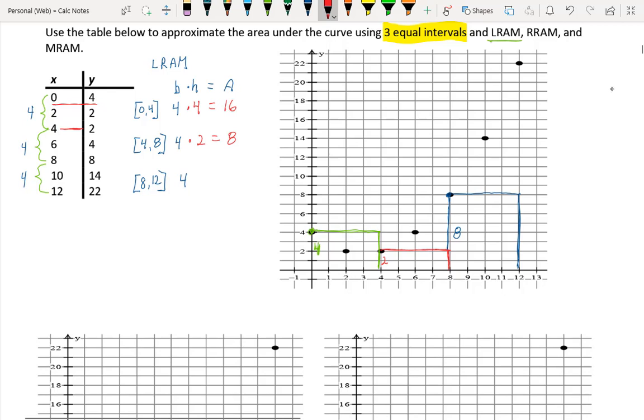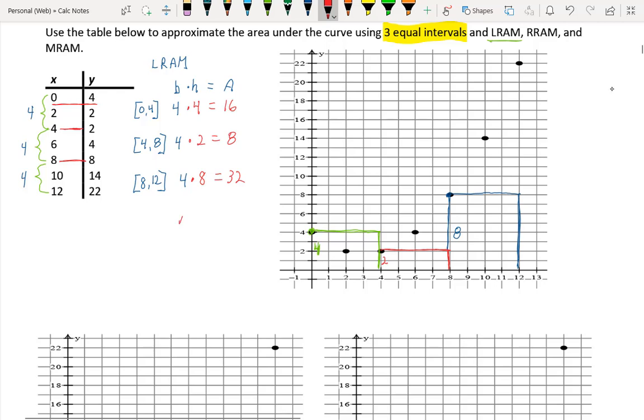And then the last one, 8 to 12. So at 8, notice the height of the rectangle is also 8. You can see that again on that blue rectangle. It has a height of 8 and a base of 4 right there. So the height is given by your y value. The base is given by the distance between the x values, and then you just add them all up.